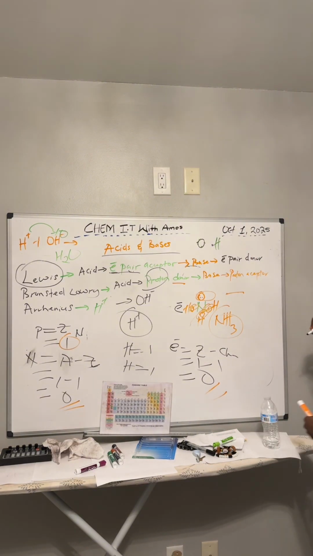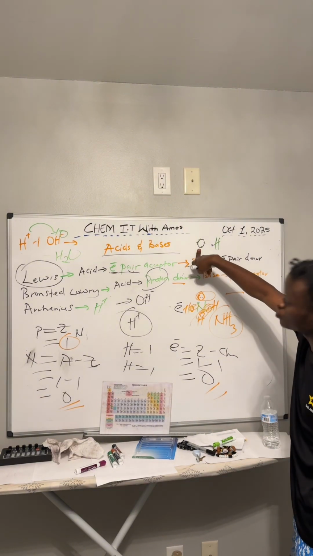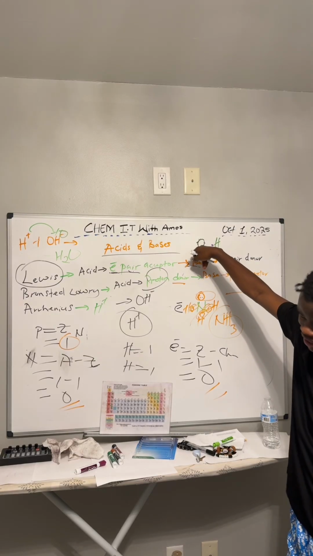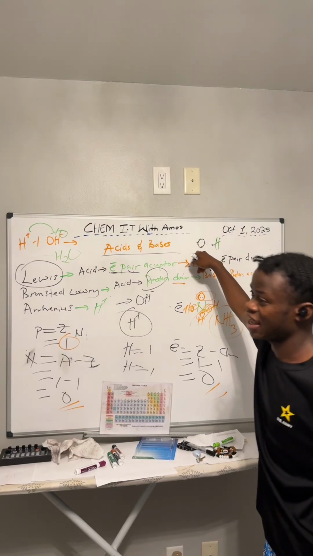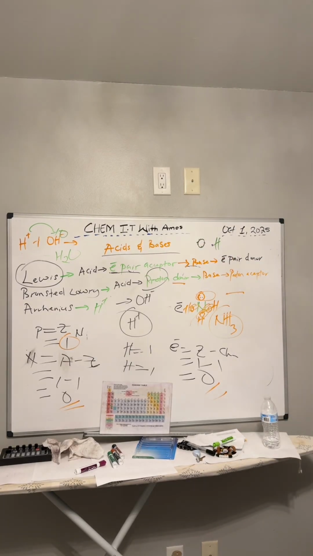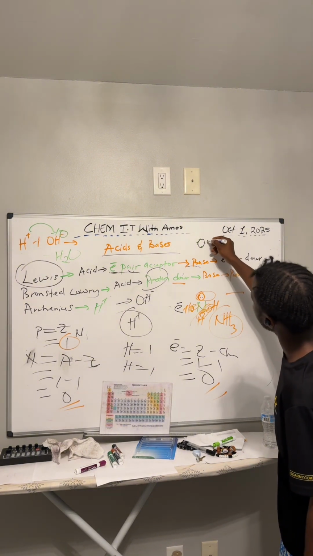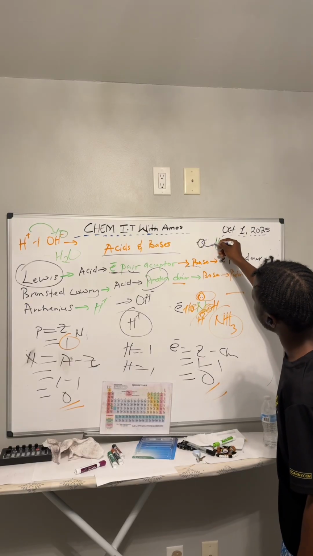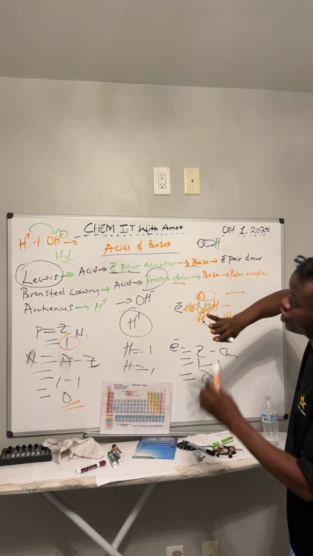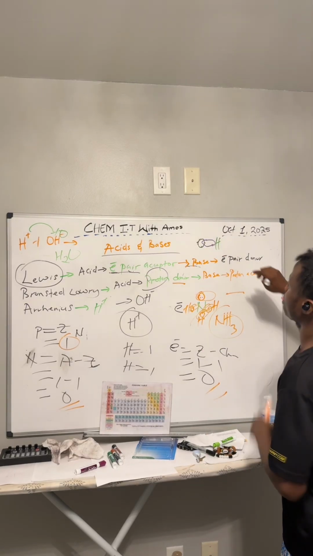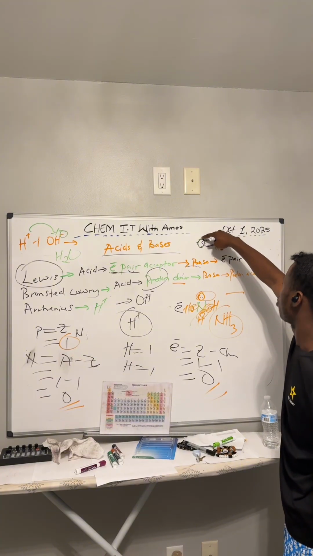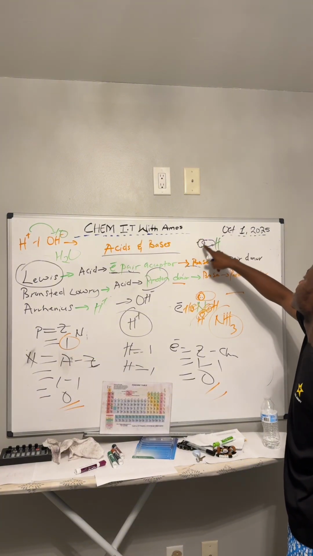So for O, we say it is a non-metal, a gaseous element, and H is also a non-metal, so they want to share electrons. If this one shares its 1 here with this one, when you share, you have an equal number of electrons now. So this one has 1, 2, 3, 4, 5, 6, 7.